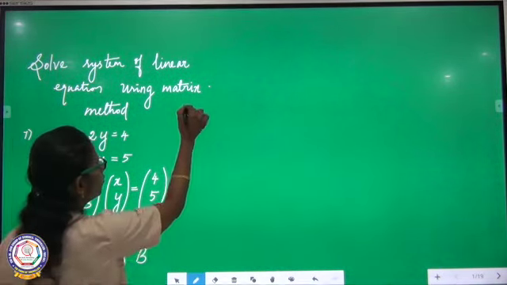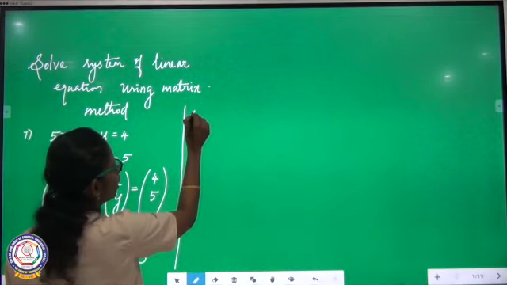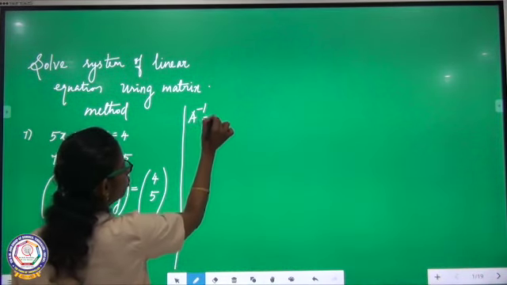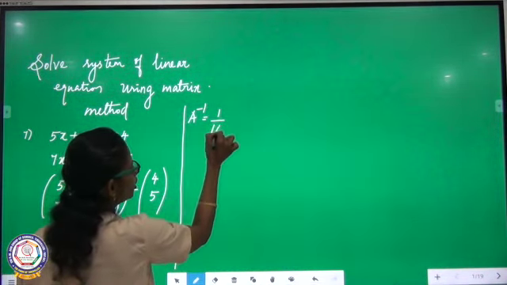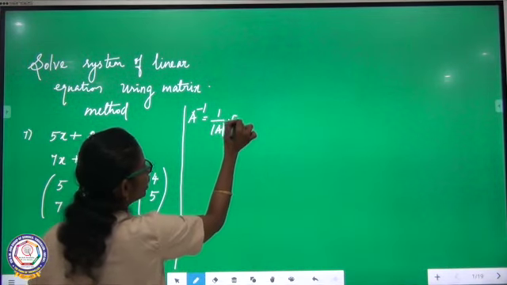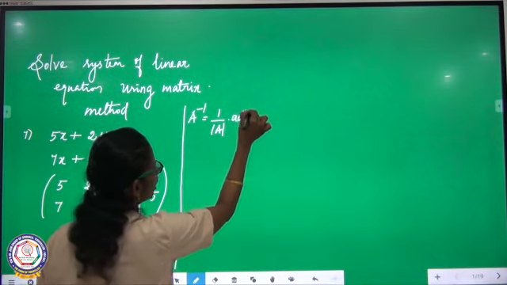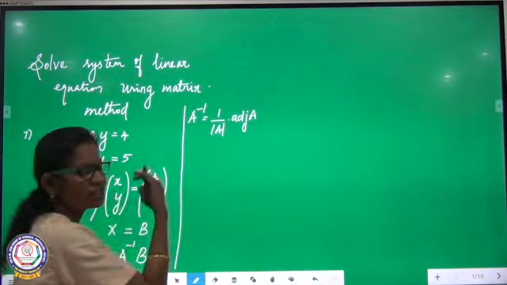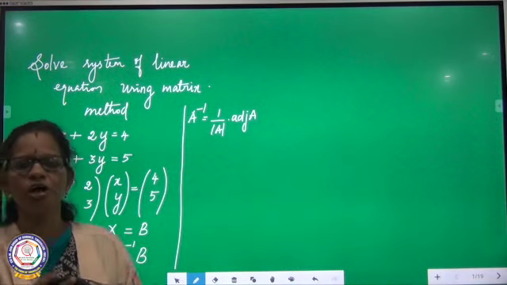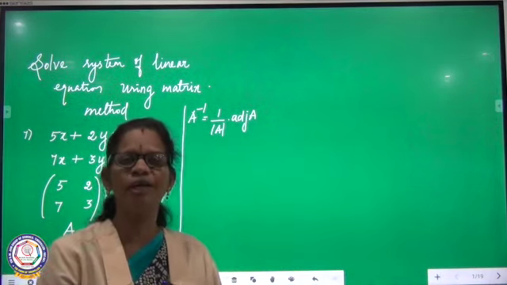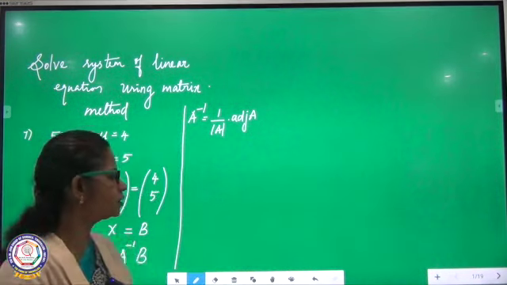What is the formula we had? A inverse equal to 1 by determinant A into adj A. That's why I said the topic is application of determinants and matrices, that is a combination of determinants and matrices.